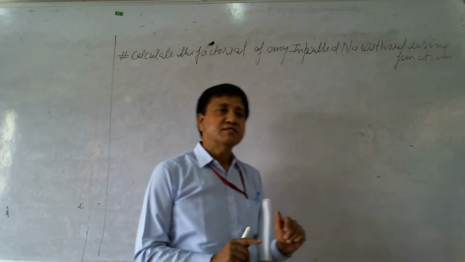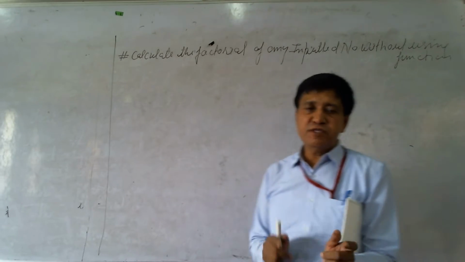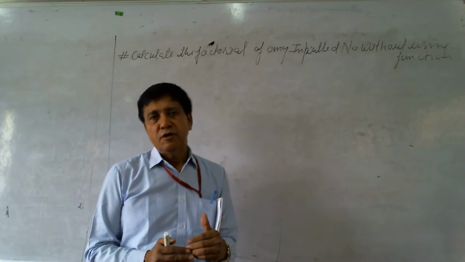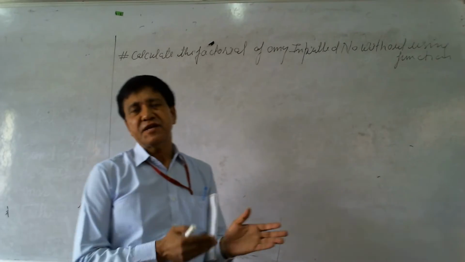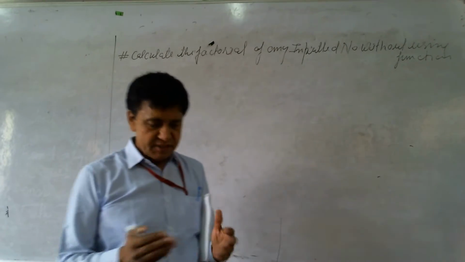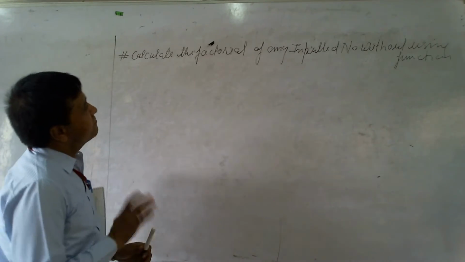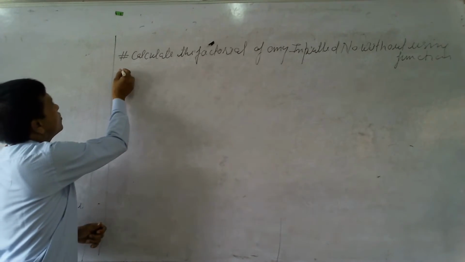Then I will discuss the same program using functions. Then I will discuss various applications of making a function that can be called as many times as required in the program. In this case, first of all, I will input the value.